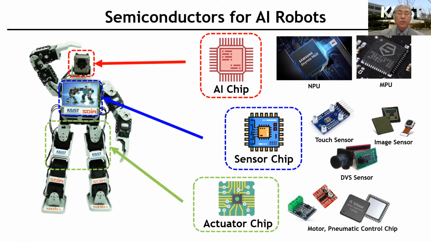And there are many sensor chips to give a feeling to the robots, for example, touch sensors or image sensors. And it also needs many actuator chips to manipulate its body, like arm control or leg control.